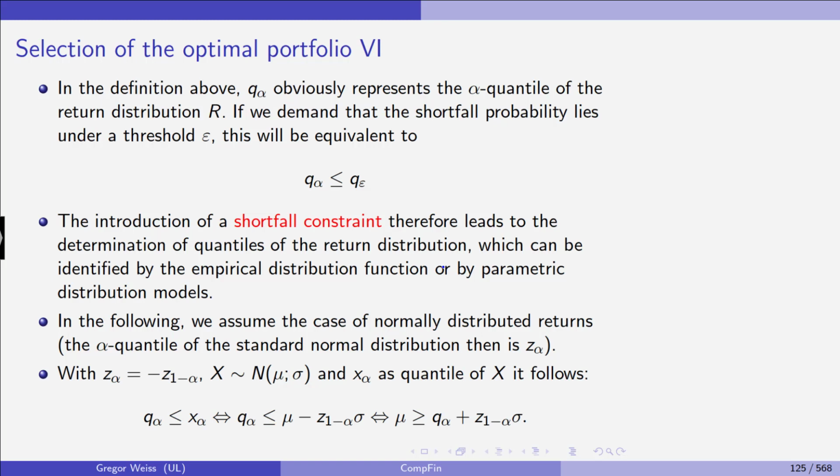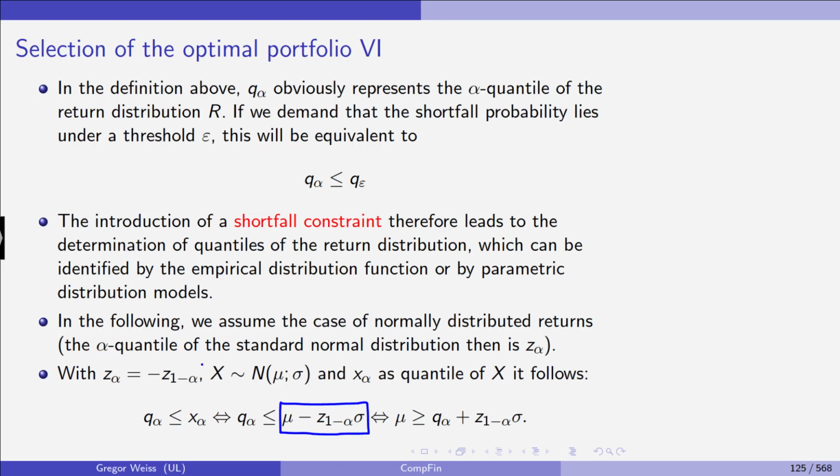And here we simply assume that we have normally distributed returns, so the alpha quantile of the standard normal distribution, the Z quantile, is absolutely sufficient to calculate this shortfall constraint. So actually what we get is that Q of alpha should be smaller or equal than x alpha, which in this case is determined by the Z quantile.